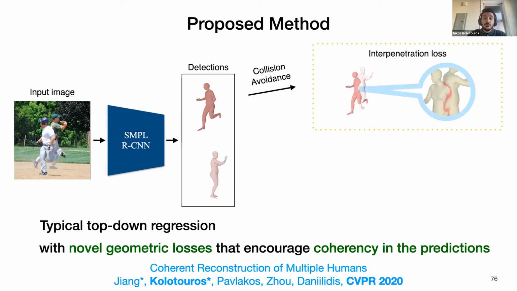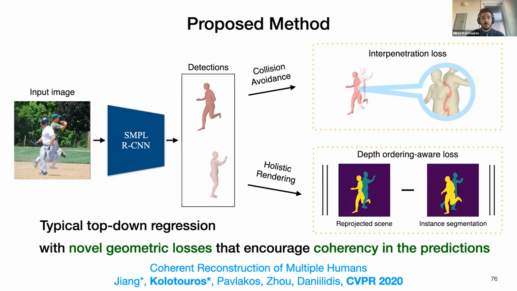There is an interpenetration loss that's responsible for collision avoidance. We don't want people to overlap each other in the 3D space. This doesn't require any extra annotations, and we can use the network output for self-supervision. And there is also a depth ordering aware loss that makes the rendering of the reconstructed people consistent with the instance segmentation masks. The intuition here is the following.